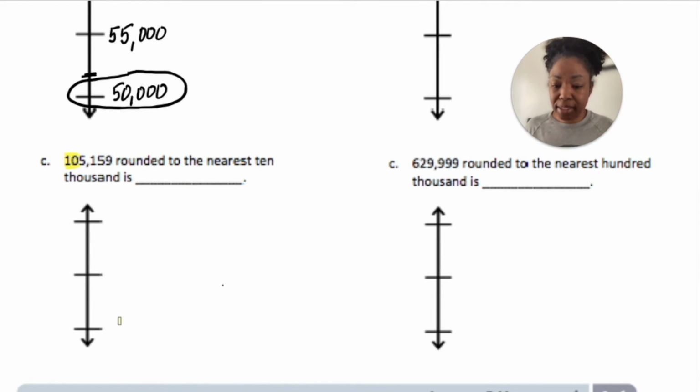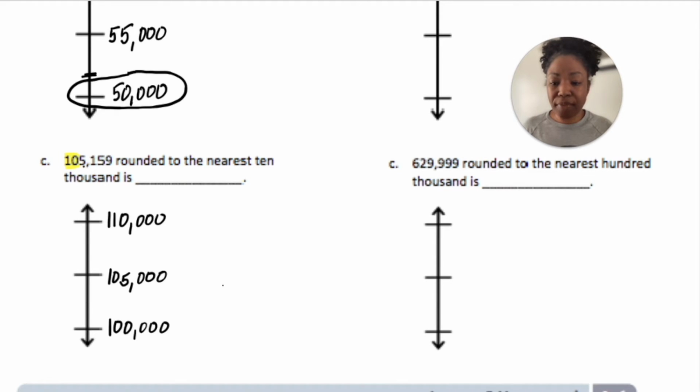So that would be 10 10,000s or 100,000. 10 plus 1 is 11 10,000s, or 110,000. Halfway would be 10 and 5, 10 10,000s and 5,000, or 105,000.